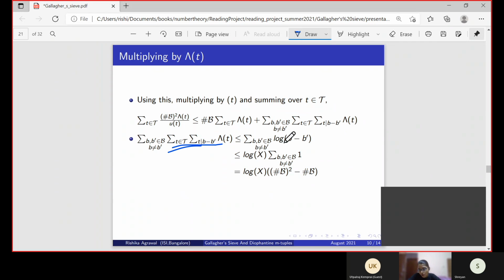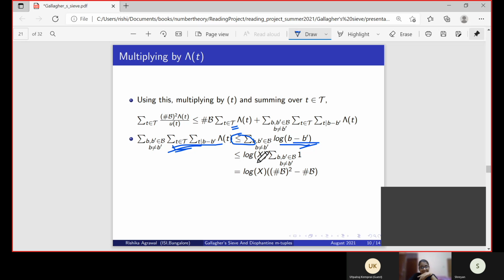Okay, so we have log of b minus b prime, but why have we put an inequality here? Why not an equality? This is because the summation is only over those t's that belong to T. Maybe some of the divisors of b minus b prime do not belong to T. So that's why we have this inequality here, because we have added some of the extra divisors of b minus b prime.